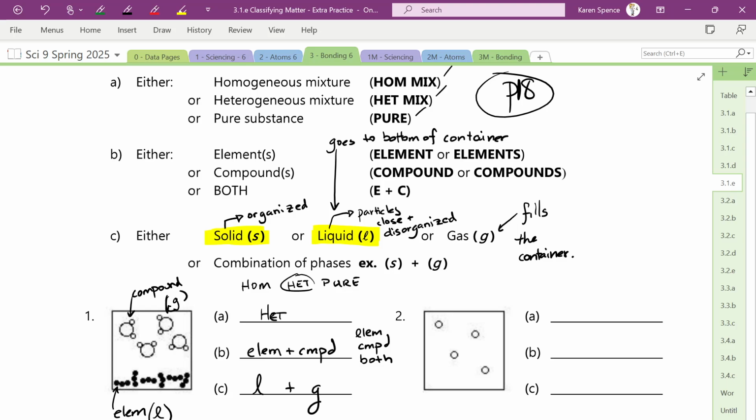Honestly, I like to just throw everything in the calculator. Okay, so try that again.